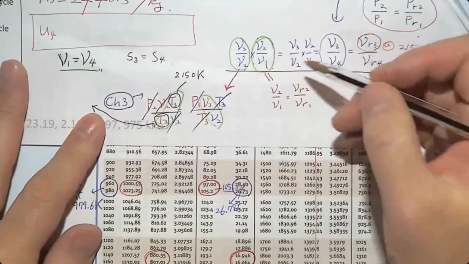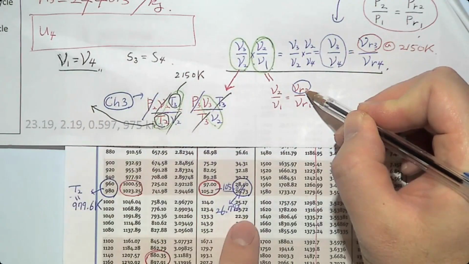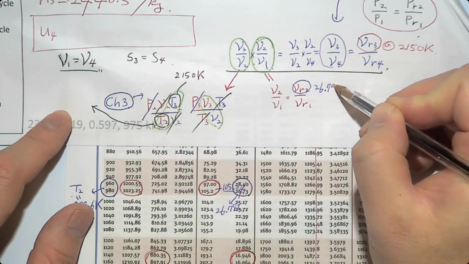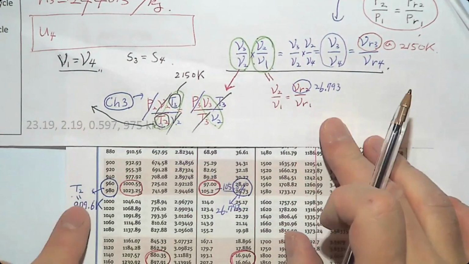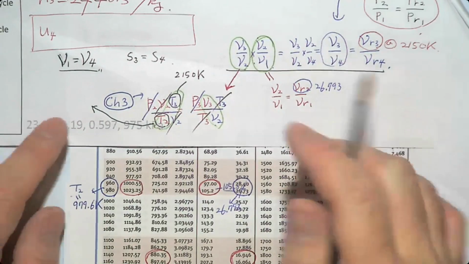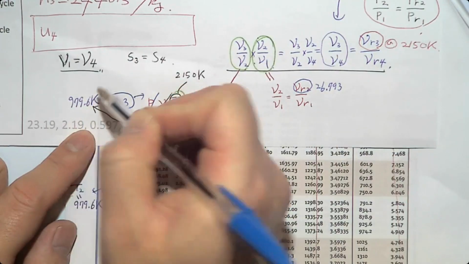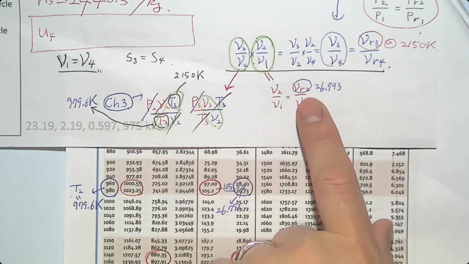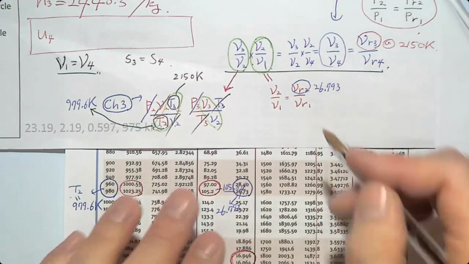Here, VR2 is this one, 26.793, and T2 is 979.6 Kelvin. So we have T2, T3, and VR2. So we just need to find VR1.